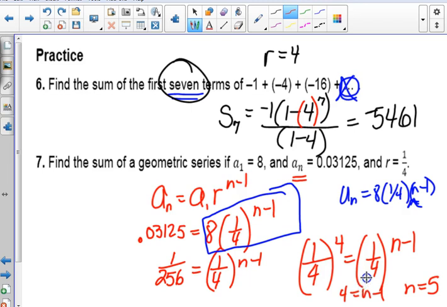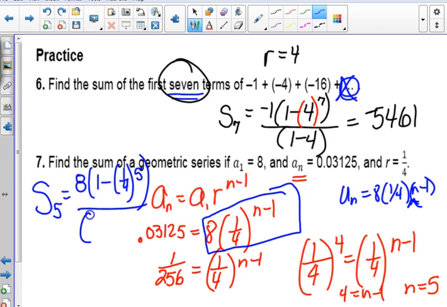We're not done. Because what did it ask us to do? Okay, so we need the sum of 5 terms where the first one was what? And then it's 1 minus r, which is 1/4 to the 5th, all divided by 1 minus 1/4. Okay, I put 1,000 parentheses in there approximately.